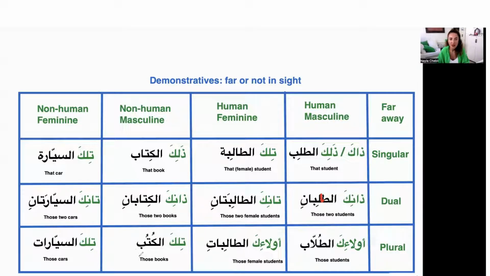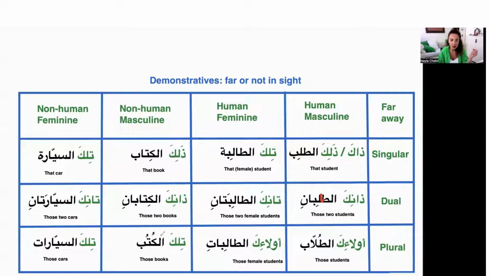Now my object is non-human. Remember, just like when we're pointing at things that are close by, the gender doesn't matter when it's plural. What matters is whether it's human or non-human. So here I would use tilka, which is feminine singular, that one.